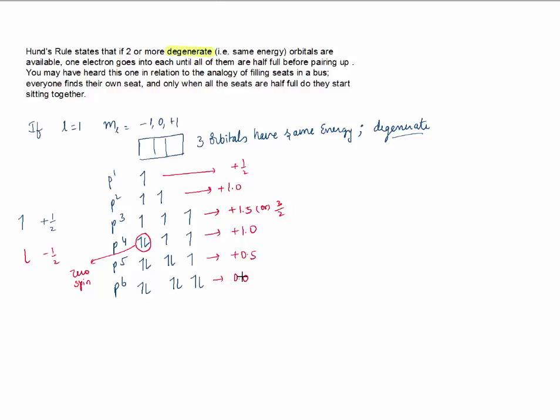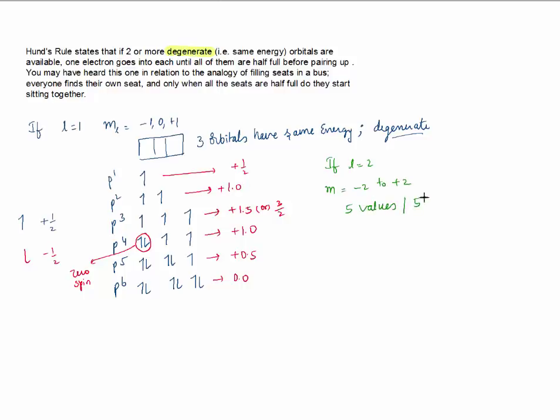So Hund's rule is a very important rule. It says that whenever you are filling electrons into orbitals of same energy, we should put one electron each, then only we should start pairing. For example, if L is equal to 2, M will become -2 to +2, there will be 5 values.